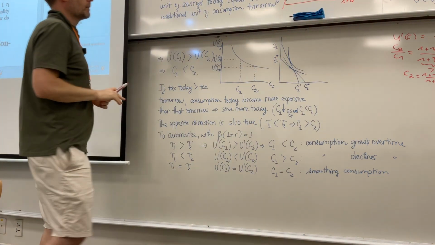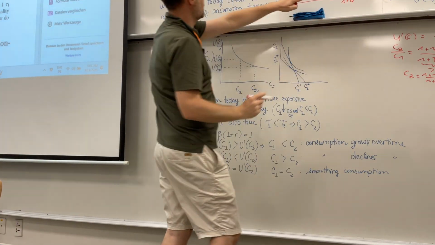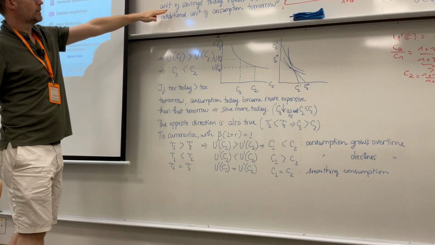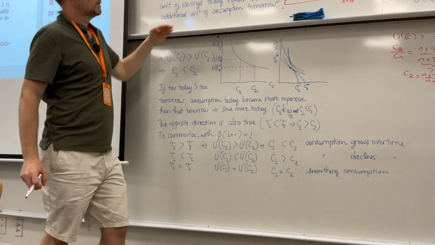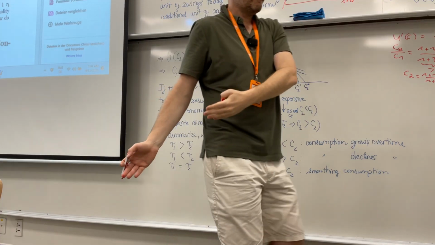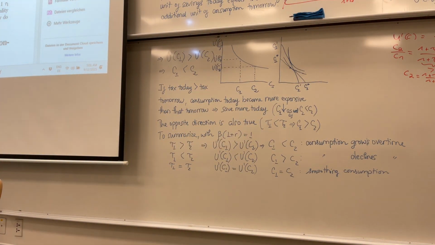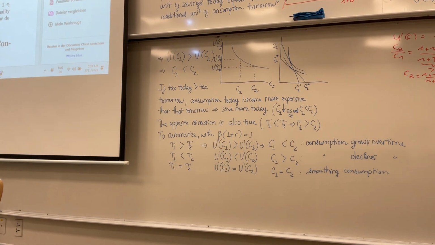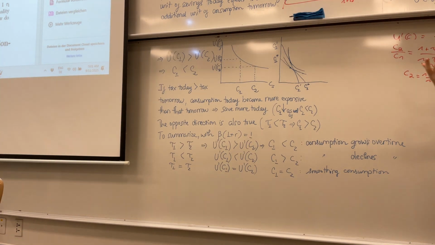And this is greater than 1. So it's increasing the utility gain from shifting consumption from today to tomorrow. Why? If I don't buy something today, not only do I save the cost of that, I also save the tax that I would have otherwise had to pay now.